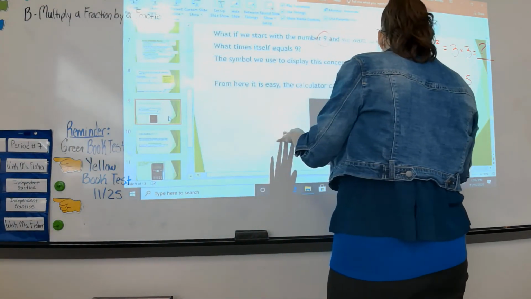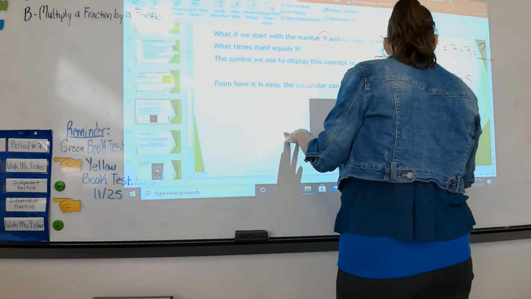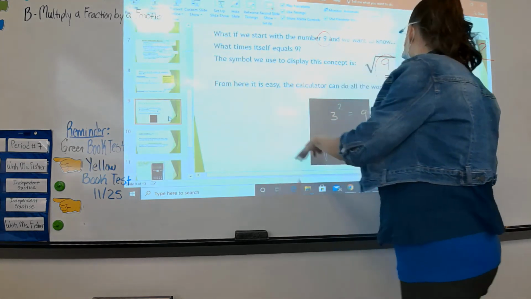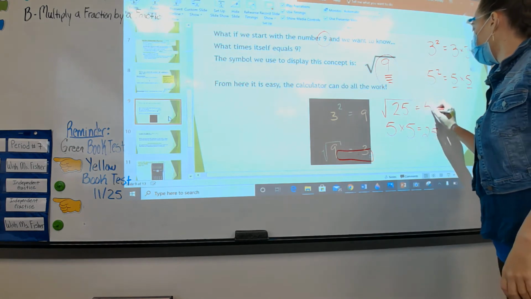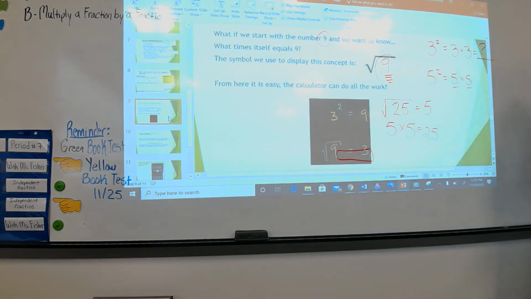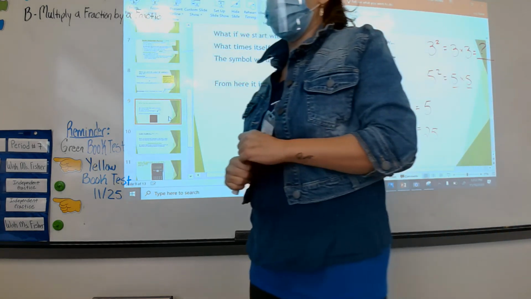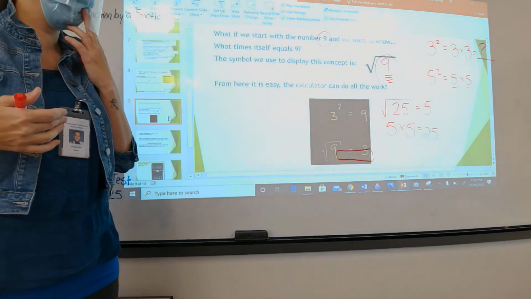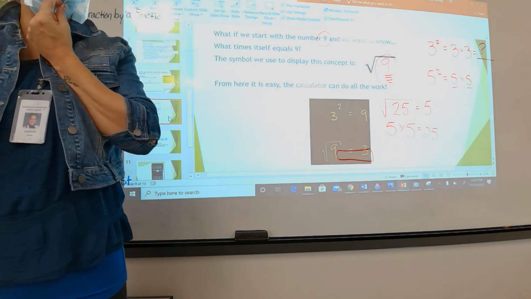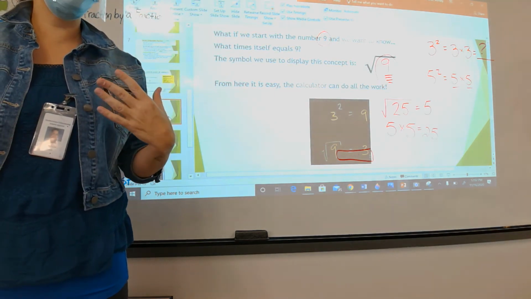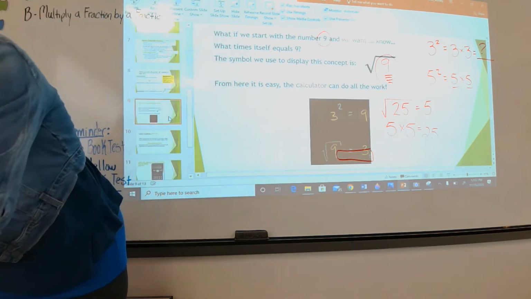I know 5 times 5 equals 25, so the square root of 25 is simply 5. That is the thought process behind it, and that's how you can solve it without a calculator. But again, this part of your exam is to test your calculator skills, so you're literally plugging it into a calculator.